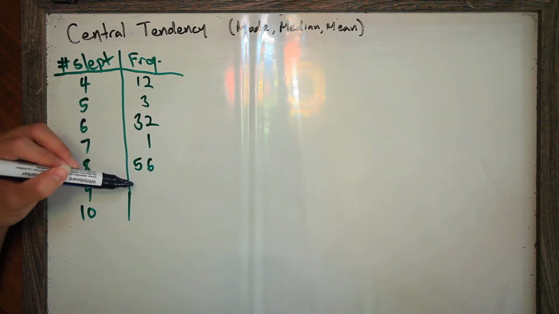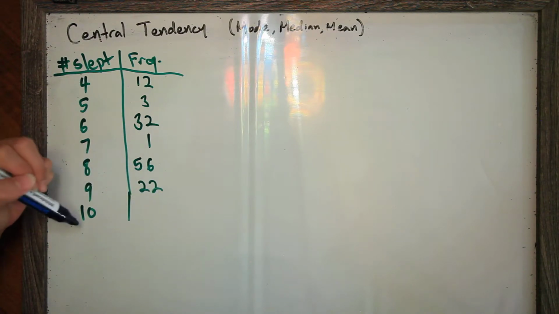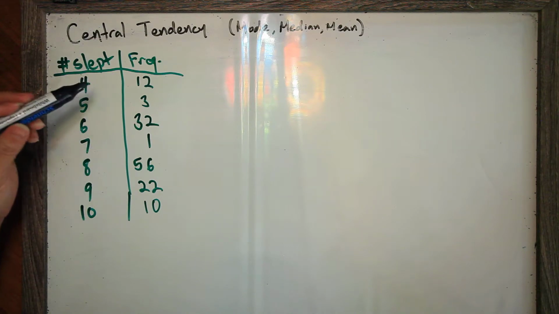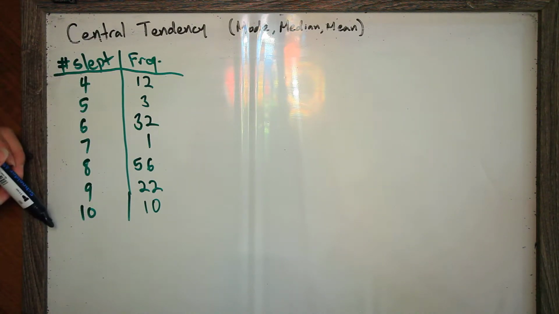Okay, 9 hours of sleep, we had 22 people. And 10 hours of sleep, we had 10 people. Okay, so this is our frequency distribution for our interval ratio data of number of hours slept.